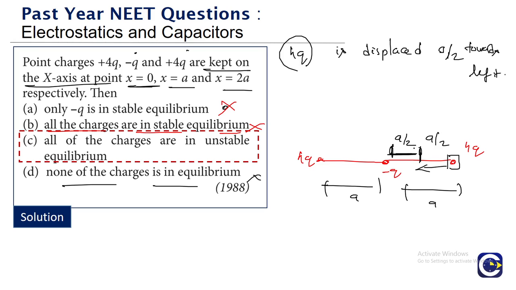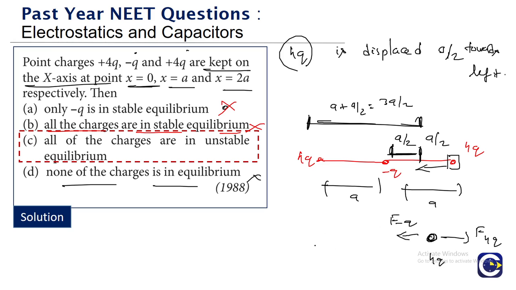A by 2. Distance from the other 4q charge will be what? A plus A by 2 will be 3A by 2. Now look at the 4q charge here, right? 4q charge will be repelled by force due to the other 4q, will be attracted by the force due to minus q.